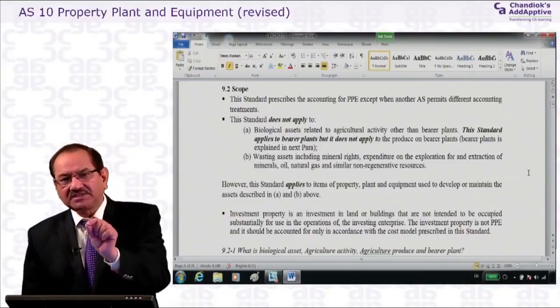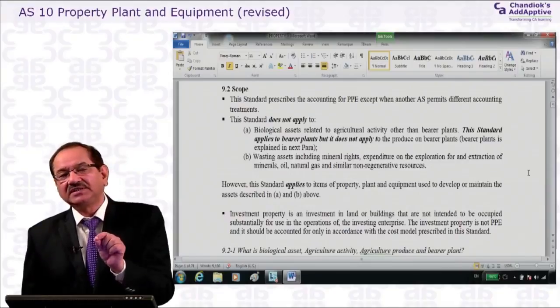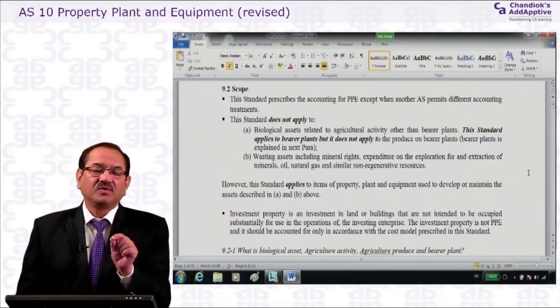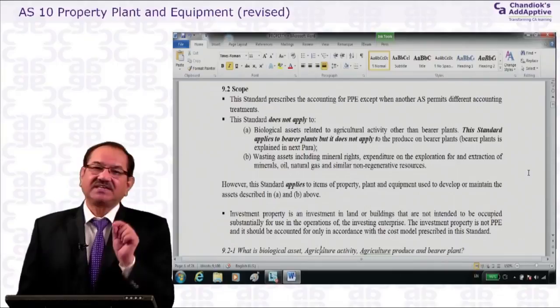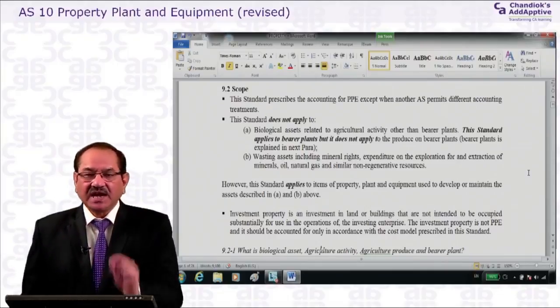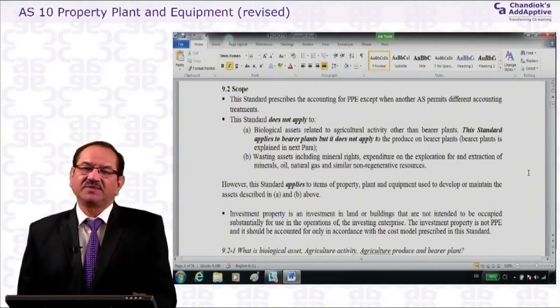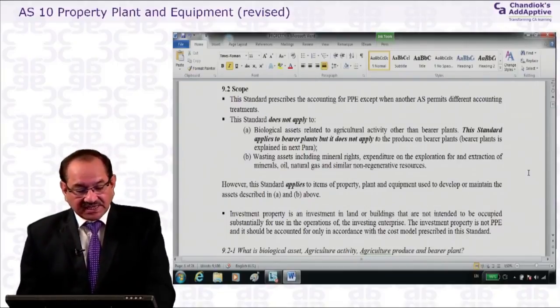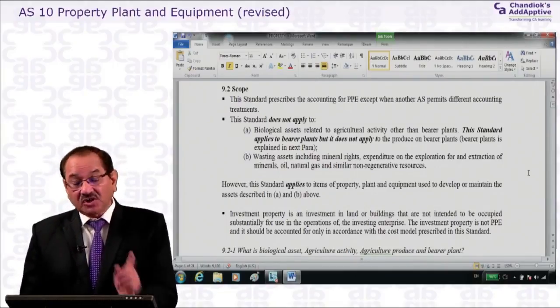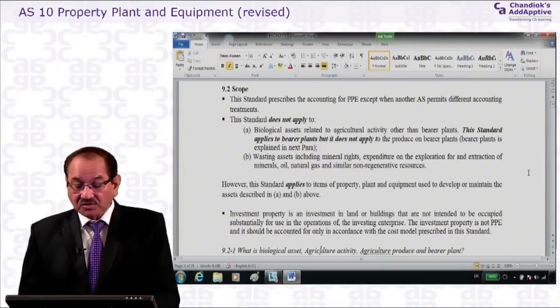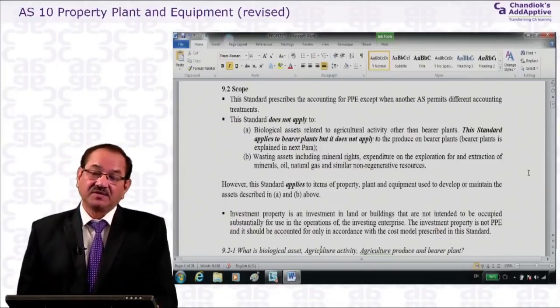Only the bearer plants come within the definition of accounting standard 10, Property, Plant and Equipment, and the accounting principles prescribed under this standard will apply to the bearer plant only. This standard applies to the bearer plant but does not apply to the produce of the bearer plant.